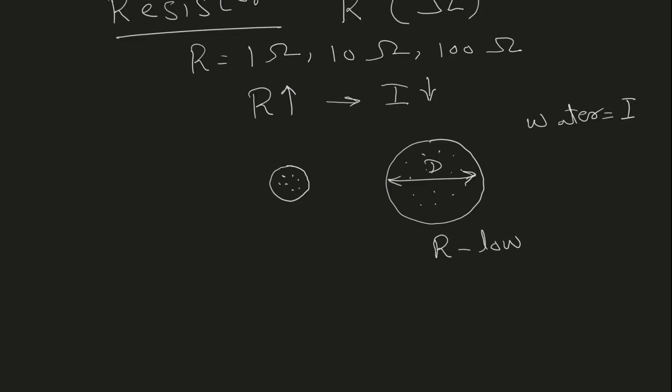That means more water can flow, which means more current can flow in this type of resistor, which means it has a low resistance value. On the other hand, a pipe with a smaller diameter will allow less water to flow through it. So this represents a case where the resistance is high. If we have a high resistance, then we have less current, and vice versa.